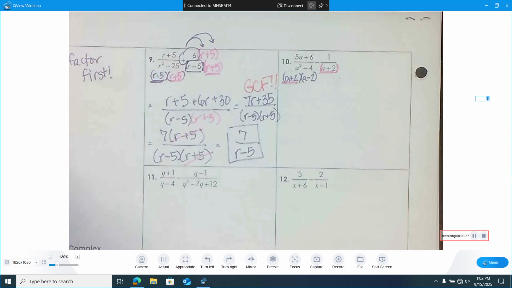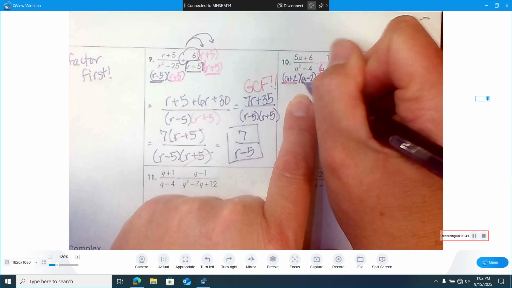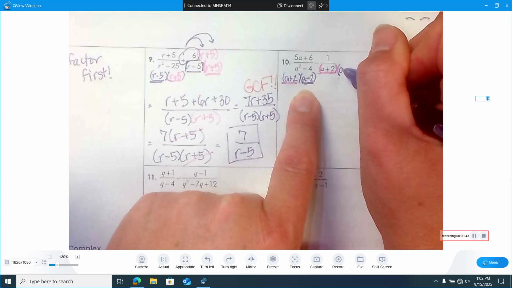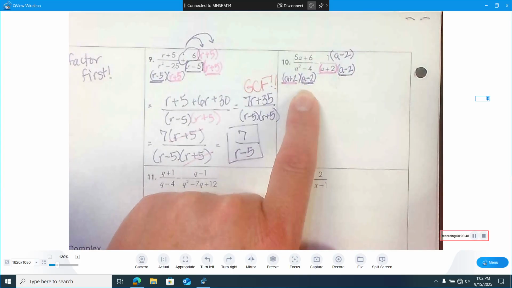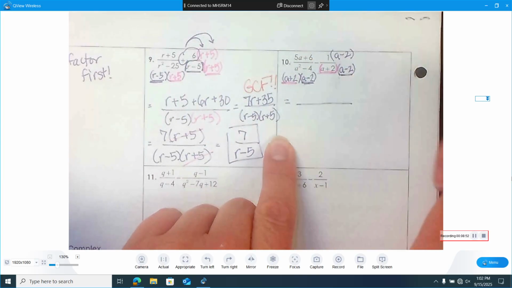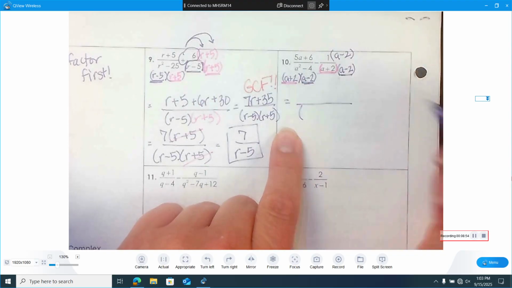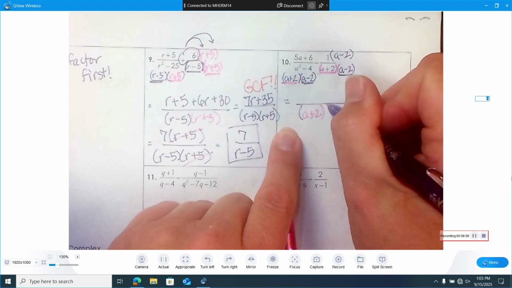And then what do we need to multiply our second fraction by? Yeah, we already have the purple A minus 2 on the first fraction. I need the purple A minus 2 on the second fraction. So now they have both parts. All right. What's my common denominator? Good. A plus 2 and A minus 2.